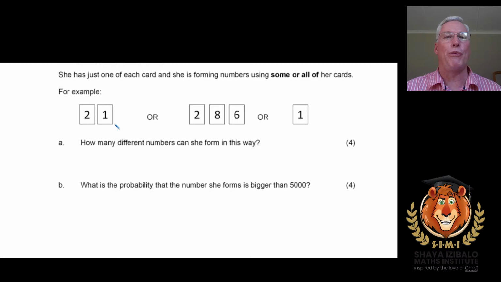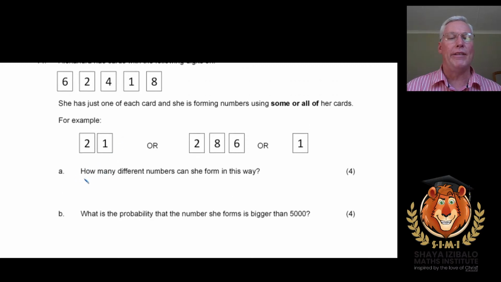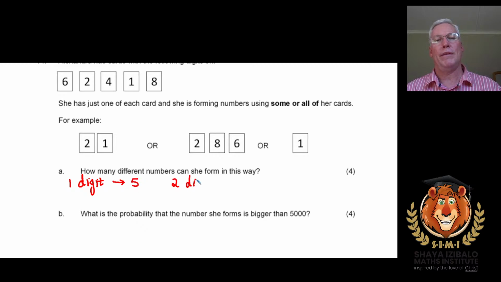Well, here we've got to think about the sizes of the numbers. How many 1-digit numbers could she make? Well, she could only make 5. There'll be 5 of those. How many 2-digit numbers? How many choices has she got for the first digit? 5.